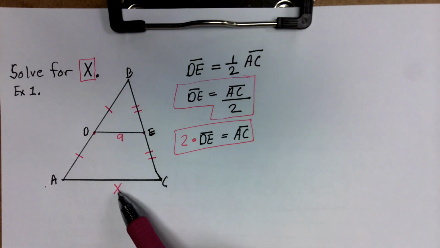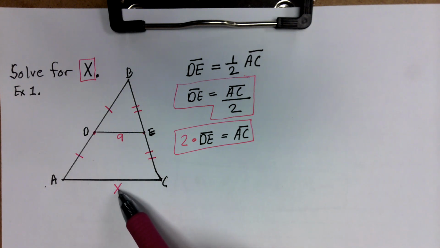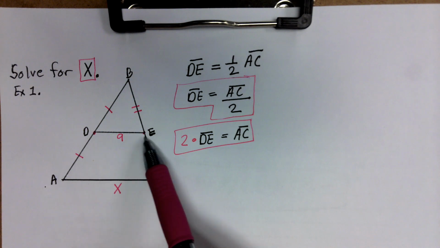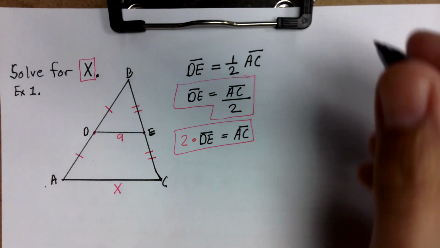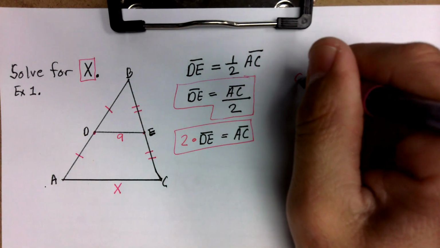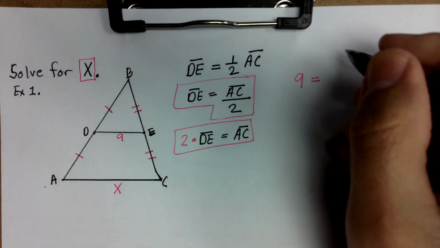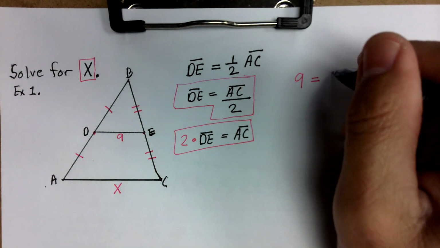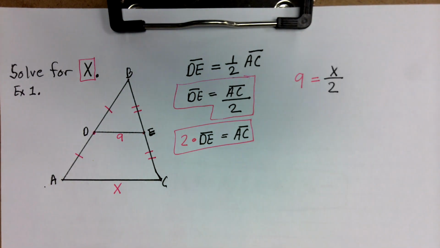Now what I'm going to do is, notice it tells us to find x. It said solve for x in this example. So we're going to solve for x, and we're going to use the value that we see in DE to do so. So when I set this up, this is the way that I want to set it. I'm going to go ahead and write 9 is equal to x, so there's my variable x, divided by 2.